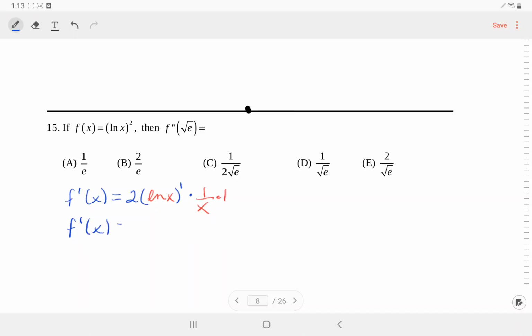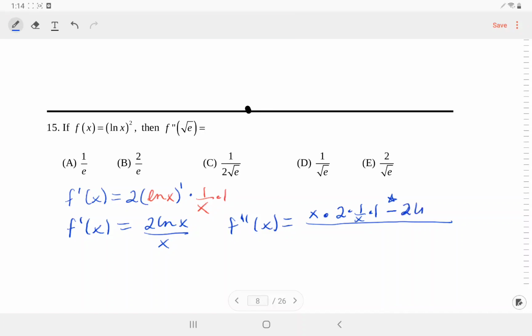Let me rewrite it. f prime of x equals 2 ln x over x. I think I'm going to use the quotient rule. So f double prime of x is, let's see, denominator times the derivative of the numerator. So that would be x times 2 times 1 over x, minus, remember you have a minus in the quotient rule, numerator 2 ln x times the derivative of the bottom x, which is 1, and then over the bottom squared.